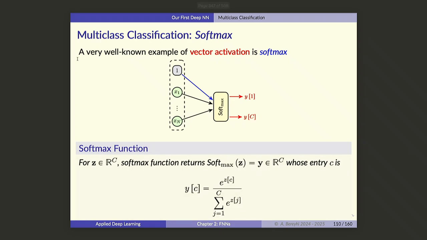So if you want to compute the softmax output of one particular class, you get the z value for your class, and you take it to the exponent. Then you divide it by the sum of exponential functions on all possible z's. So numerator positive, denominator positive, this is a positive number. Numerator is smaller than denominator, so this is definitely between 0 and 1.